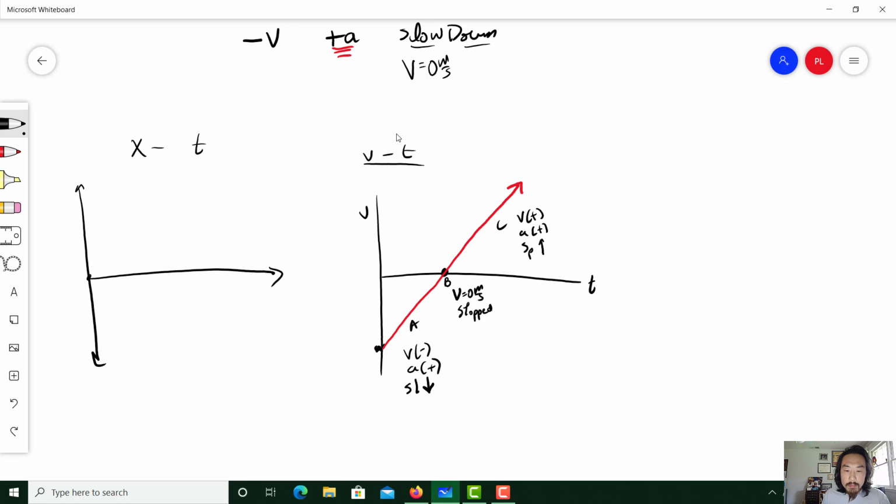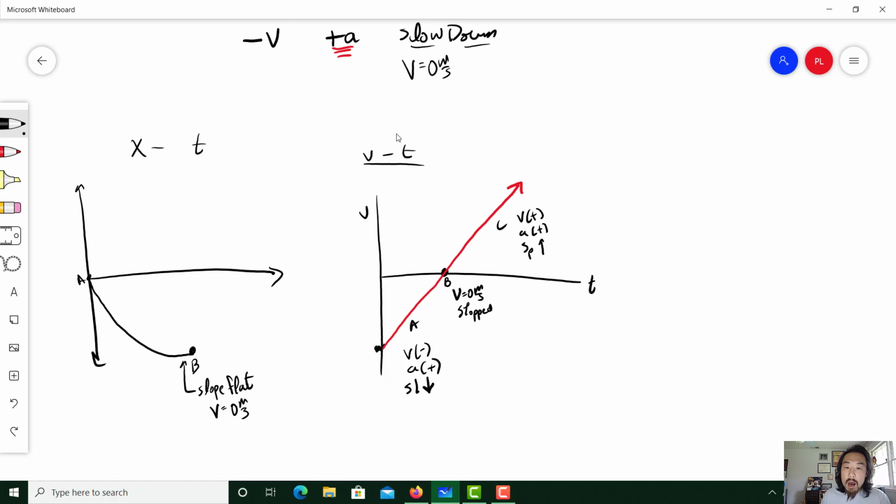All right. So it looks like it's moving pretty fast. So I'm going to have a very steep slope until I come to a stop. So this is a steep slope until I come to a stop. Okay, so notice right there, I'm going to call this B. We know that this is B because the slope here is flat, and a flat slope means that your velocity is 0.